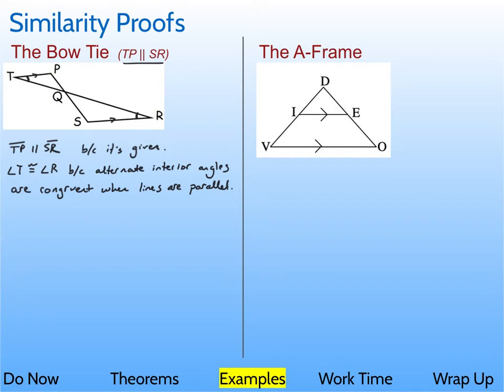Or the other option you can use is you can mention these vertical angles right here, which is what I'm going to do. So we have angle TQP is congruent to angle RQS, and that's just because vertical angles are always congruent.